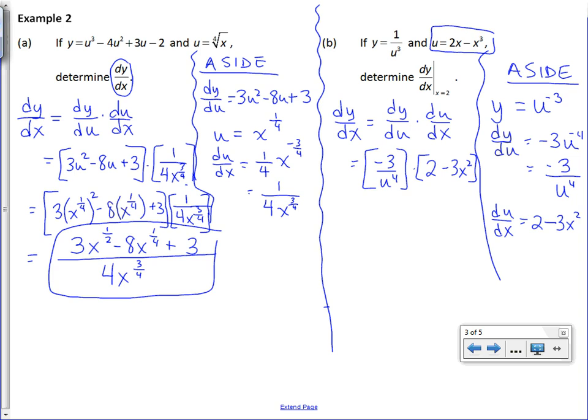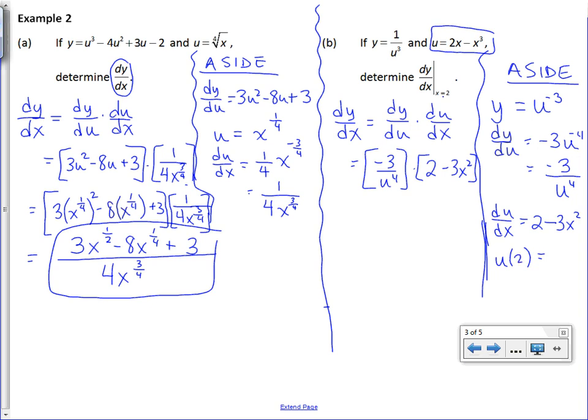So here's what we're going to do. We're not done with our aside. We're going to do one more thing in the aside, and that is find the corresponding value of u when x is 2. You guys know I've been allowing you that kind of fake function notation with y. So we're going to do the same thing with u. I need to find the value of u when x is 2.